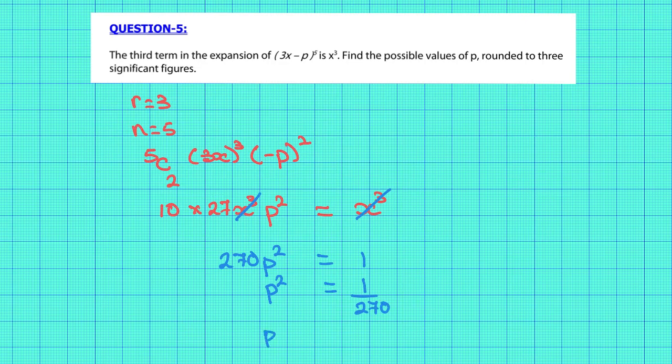So p is equal to plus or minus the square root of 1 over 270. Therefore, p is equal to plus or minus 0.0609 to 3 significant figures.